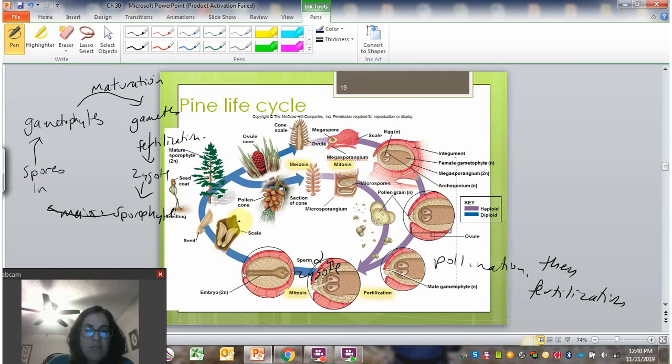And so here's the seeds that will be released when they're done, right? So they have to mature, the seed coat has to harden, and then this seed will go out into the environment and wait. It will go dormant until a time in which it's ready to start growing again through mitosis and become a seedling, and maybe someday become a mature sporophyte, or the tree, a new tree. So that's the pine life cycle.